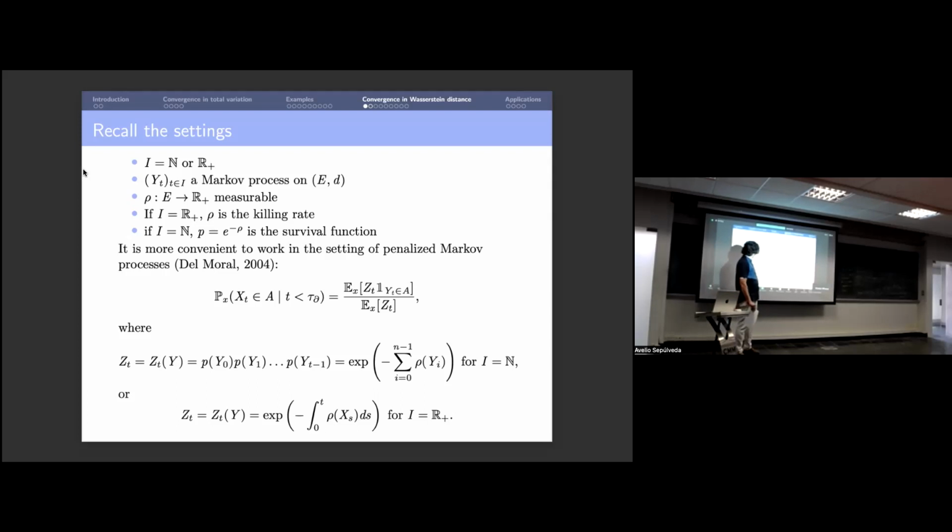And just a remark, you can write it as e to the minus a sum of rho of Y_i, where rho is the logarithm, p is e to the minus rho, right? This is just to have consistent notations, because in continuous time, it's exactly the same. Z_t is e to the minus an integral of rho. Okay? So this is my notation.